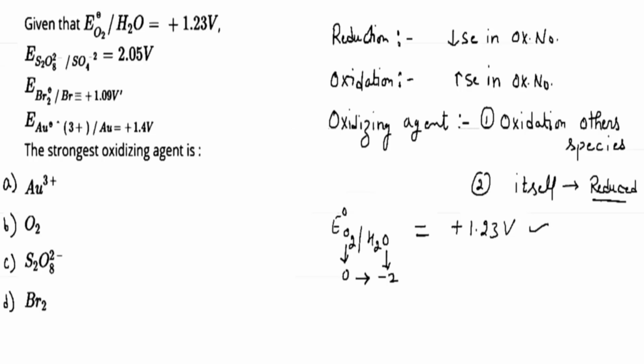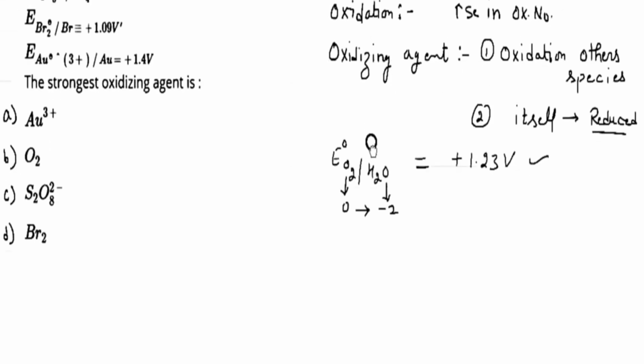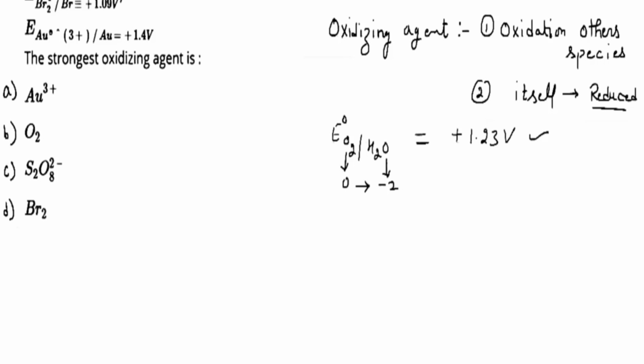Now if I move further, I get S2O8 2- to SO4 2-. Here the value is given as plus 2.05 volt.